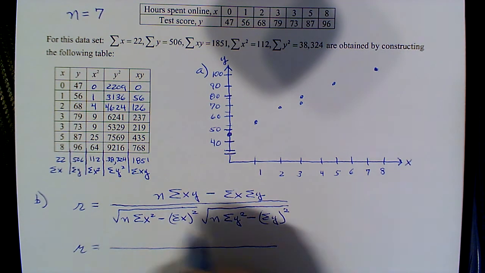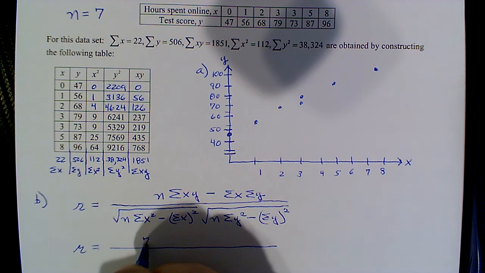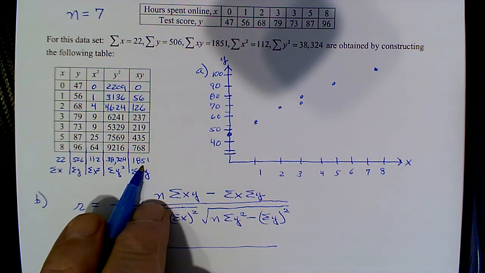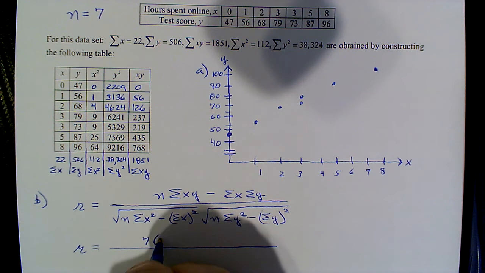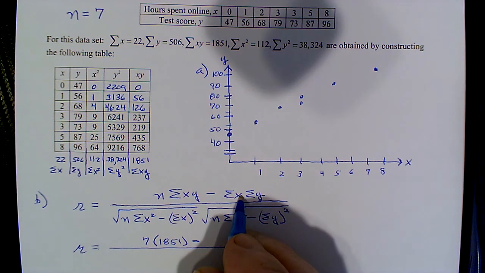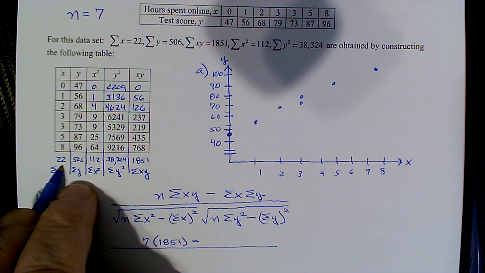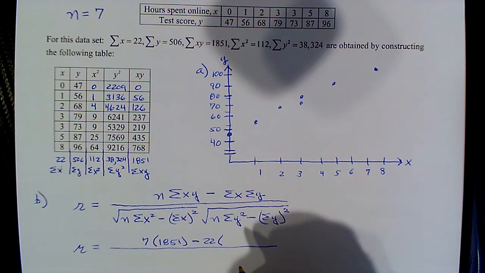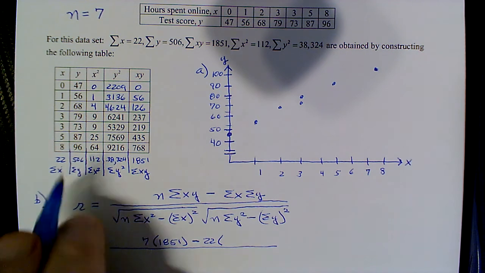Okay, so we just got to pick out the right pieces. So obviously n is 7 as we calculated. Sum of the xy's, so that's the 1851. Minus, then the sum of the x's is 22, times the sum of the y's, and that was the 506.